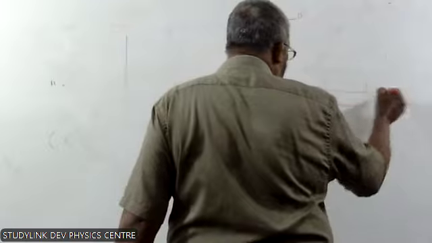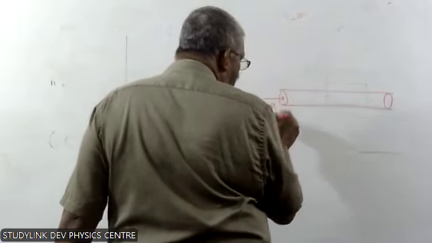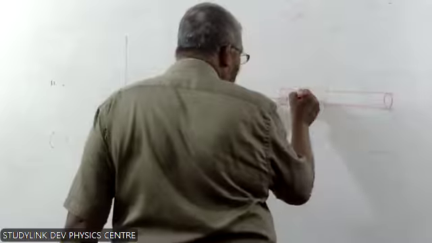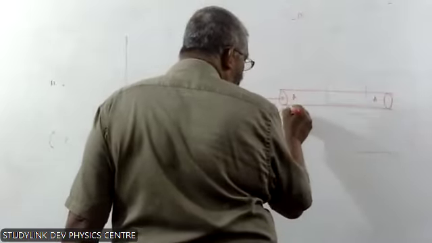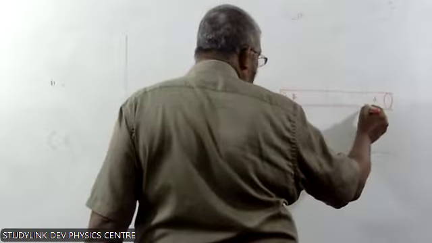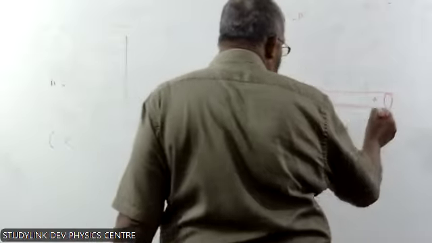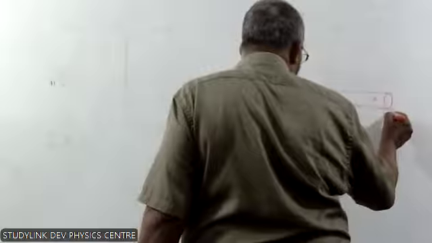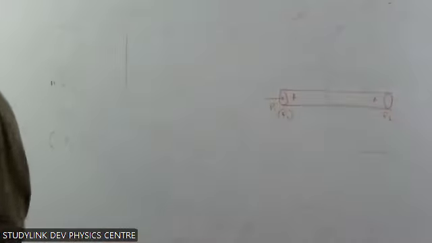I'll explain if you want. Pressure here is P1, and the cross-sectional area is the same everywhere, so the force is F1. Here the pressure is P2, and the force is F2. They are asking for the resultant force, not the work done.